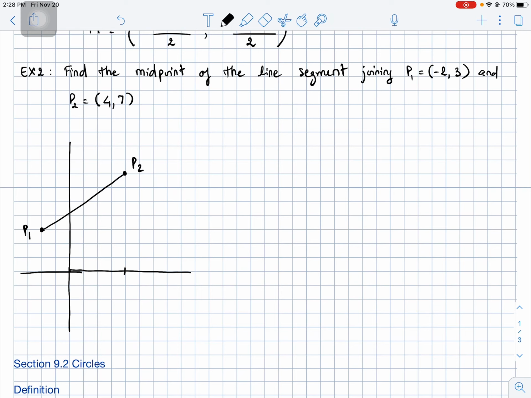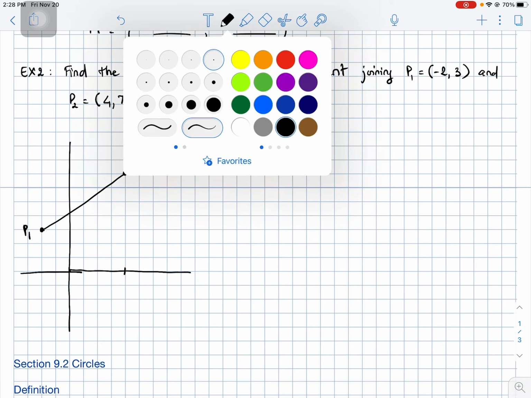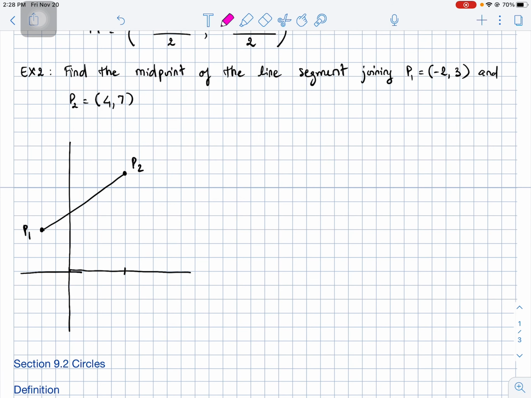So you have P1 to P2, and let's guess that the point is somewhere right here between P1 and P2, and that is the location that we need to find.